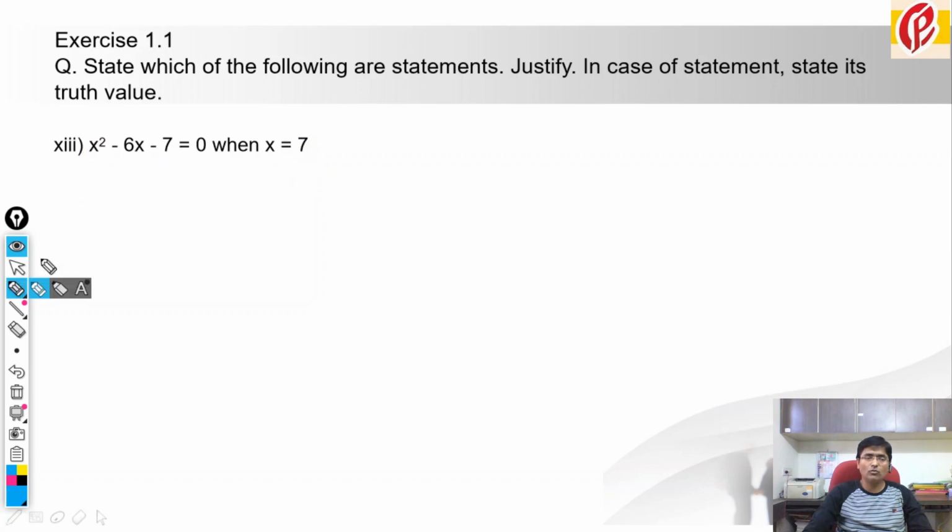What is 7 square? 49. 49 minus 6 into 7. 6 sevens are 42. And minus 7. So we should get the answer 0. See here, we get 0 or not. 49 minus 42 is 7, and 7 minus 7 is equal to 0. So we get the answer 0. So this statement is true. So its truth value is T.